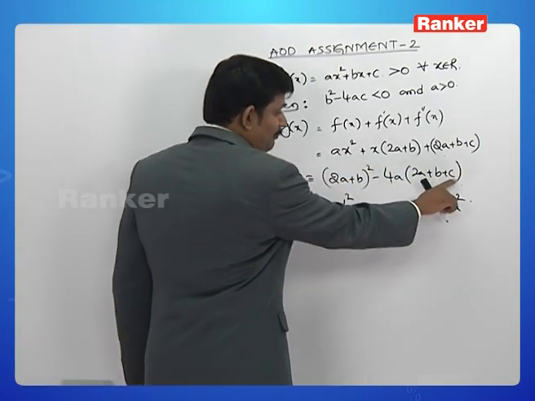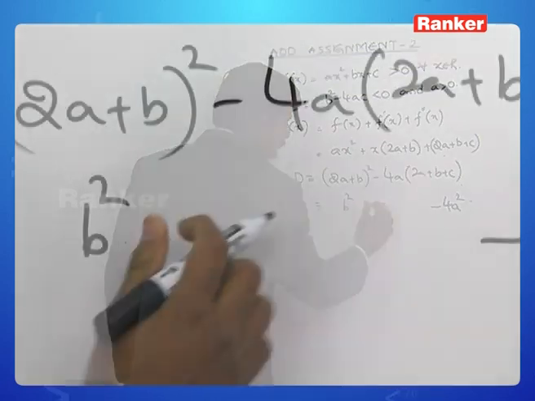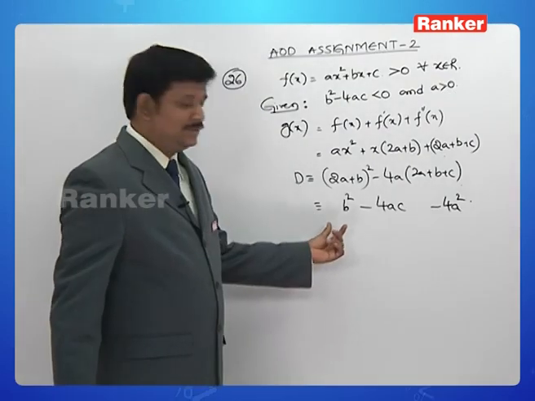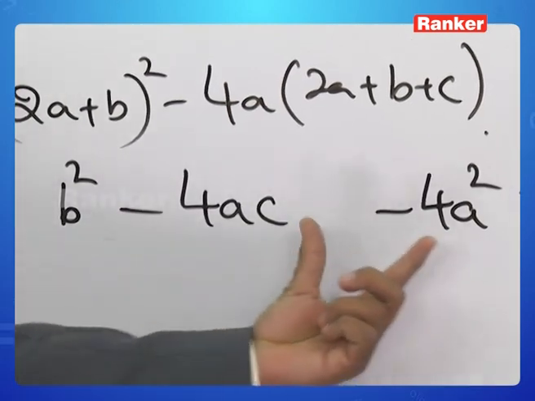Then we have minus 4ac. So discriminant is b square minus 4ac minus 4a square.